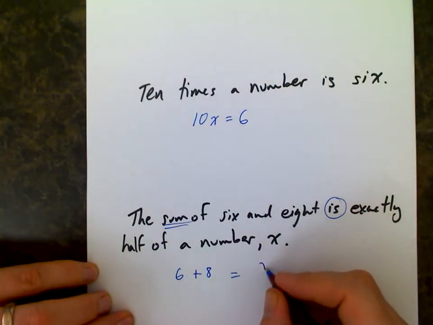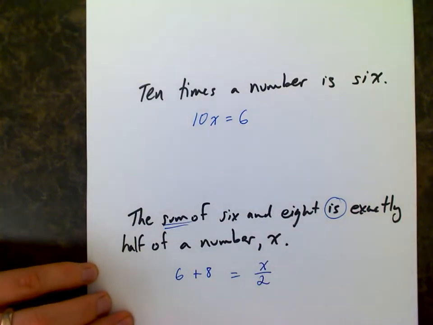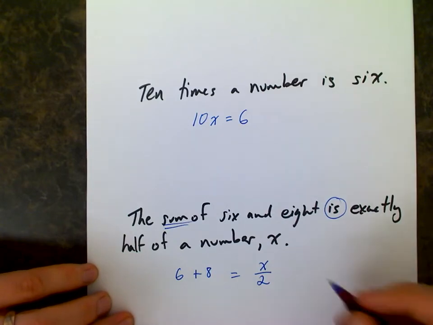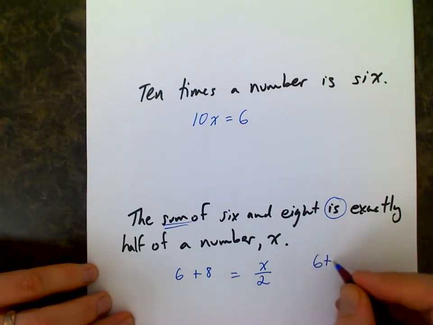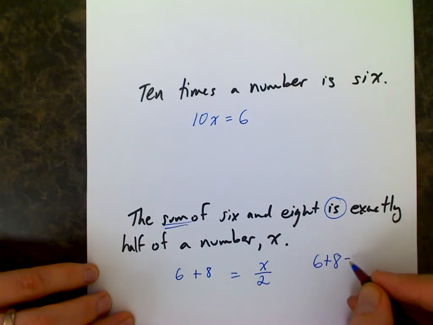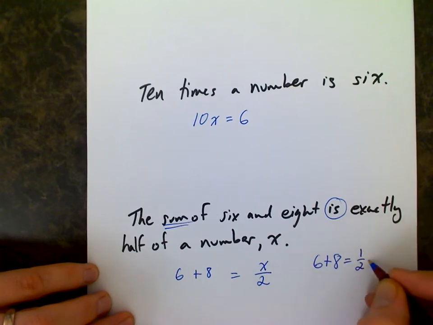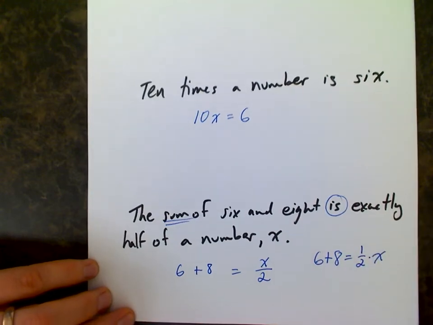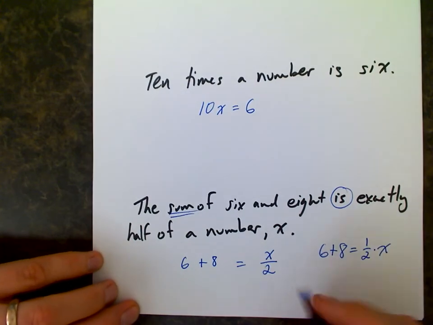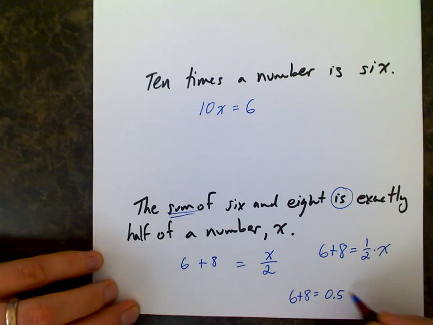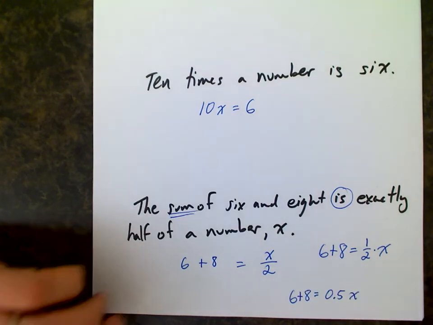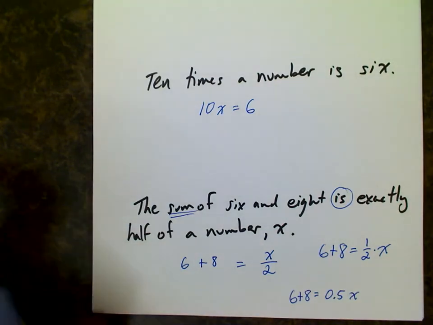One way would be to say x divided by 2. That's certainly valid. You could say 6 plus 8 equals 1/2 times a number. Or you could even say 6 plus 8 equals 0.5 times a number. All those really would work in that translation.